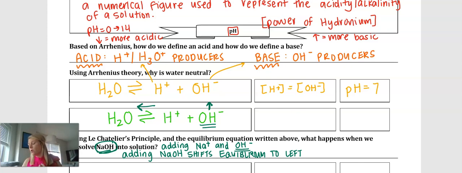Okay, and so as we shift to the left, remember that everything that this arrow points to increases, everything it points away from decreases. And so what I really want us to take away from this is understanding that as I add OH, it actually causes my H plus to decrease in solution.